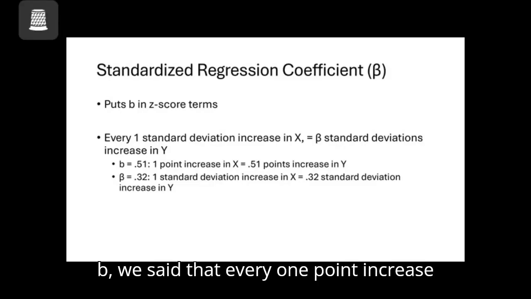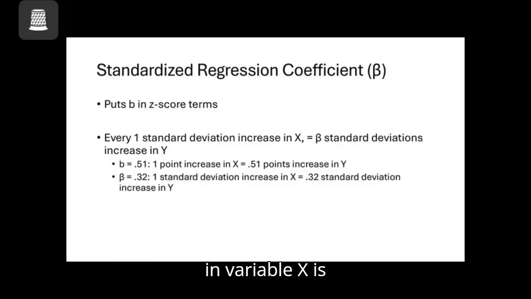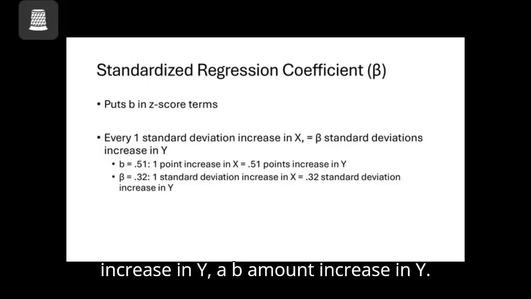So for B, we said that every 1 point increase in variable x is associated with a B points increase in y, a B amount increase in y.